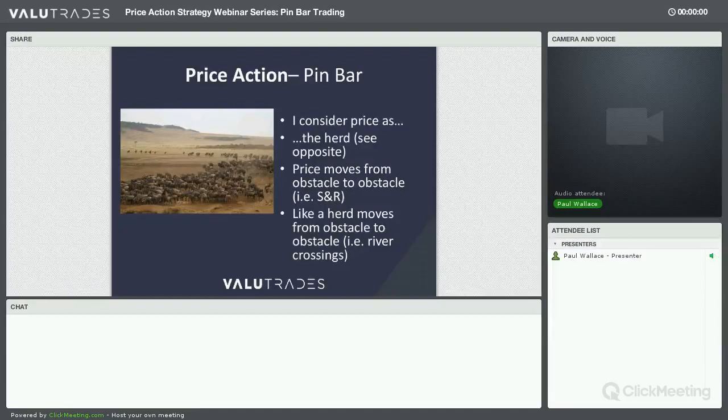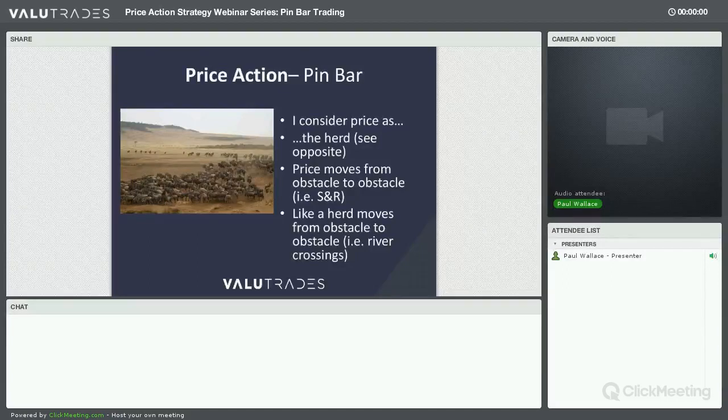And normally those obstacles are levels of support and resistance, which we've covered in some of the other webinars that we deliver for clients here at Value Trades. That's the way I look at it, in the same way that a herd moves from obstacle to obstacle across the plain. Like, the herd moves across things like river crossings or choke points, etc.